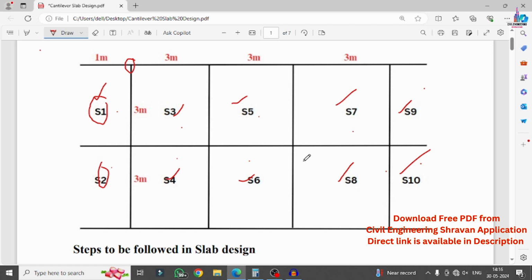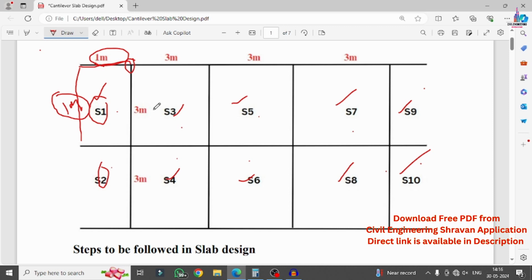Now we can see this is the width of this particular slab section and this is the length. I am taking the length of this slab section as 1 meter in the horizontal direction, and the width also as 1 meter. If you have other values, you can consider different values based on your requirements. But here it is 3 meters, not 1 meter.